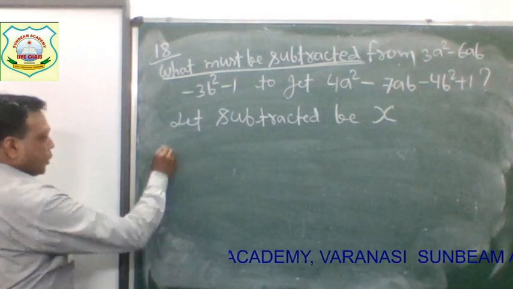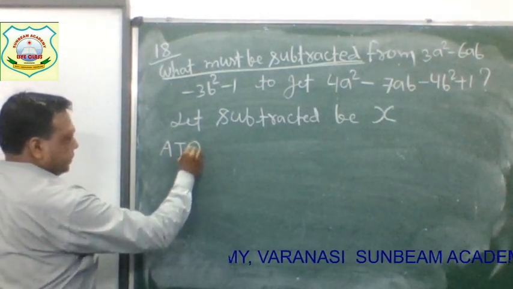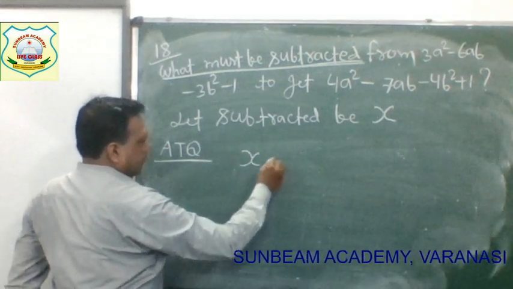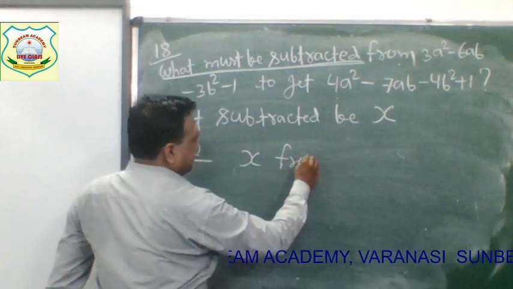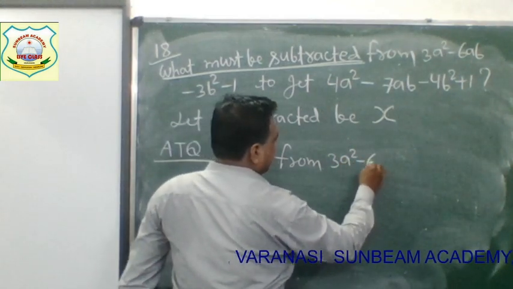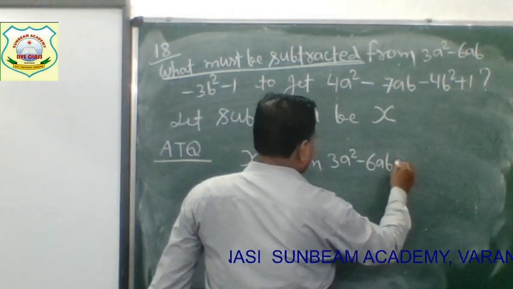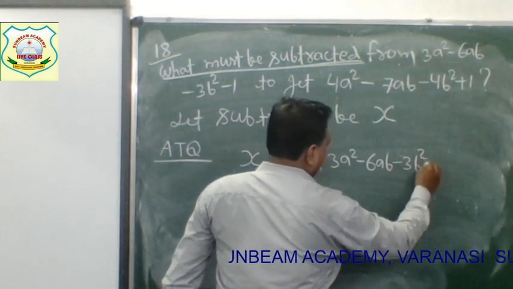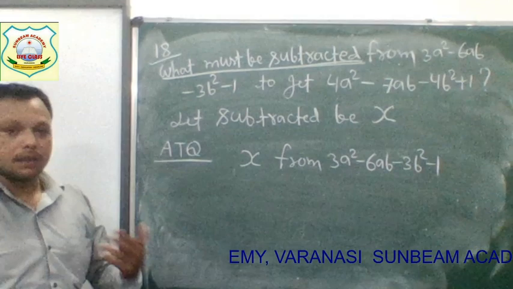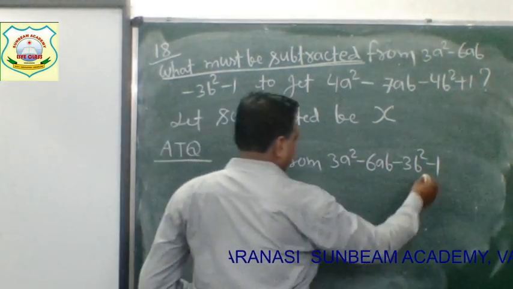According to the question, x from 3a square minus 6ab minus 3b square minus 1 to get. To get means we will get the result, means equal sign.